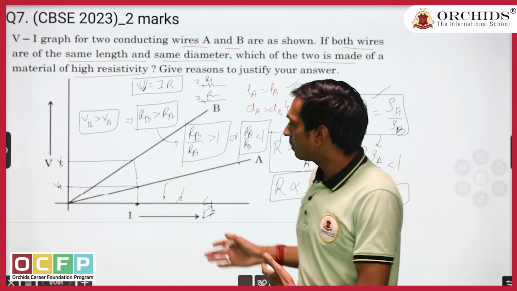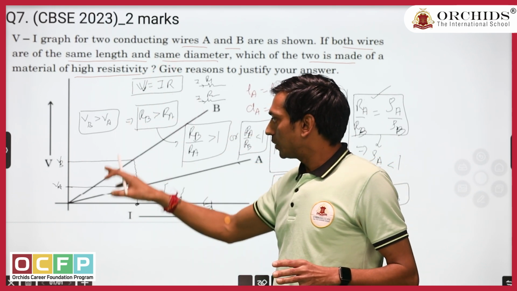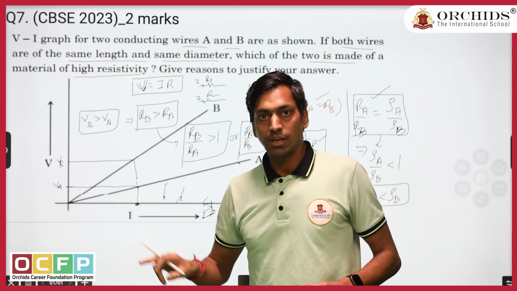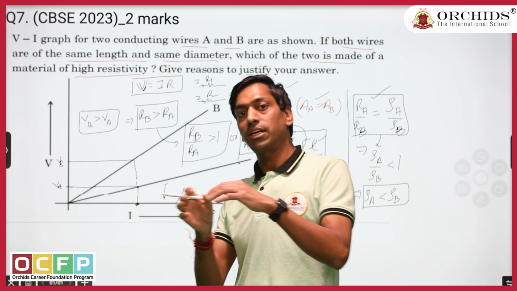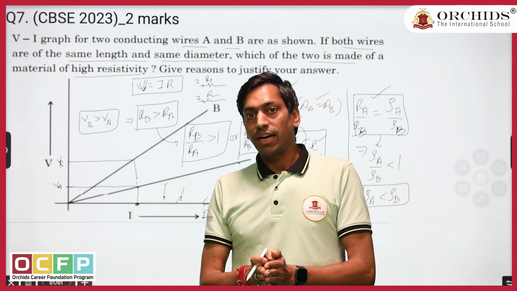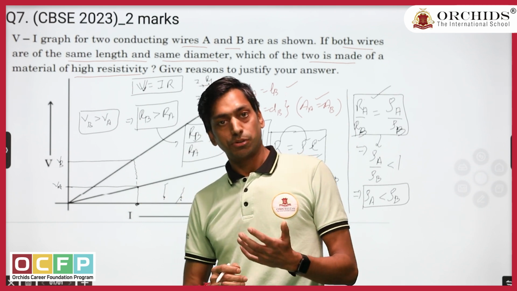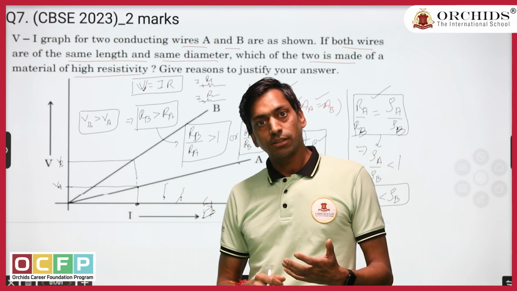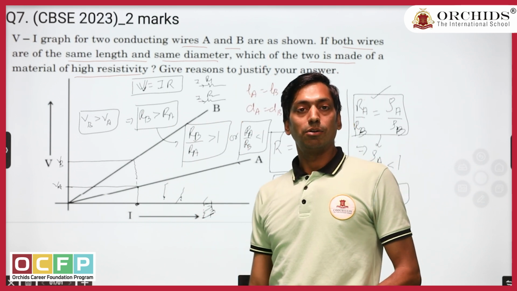In a similar manner, this question is generally asked in MCQs also, where they will provide you different graphs, A, B, C, three resistors, and ask you to arrange them in increasing or decreasing order of their resistances, or of their resistivity also. By using the same logic, you can tackle those problems. But for an MCQ, you are not supposed to do this whole complete calculation.